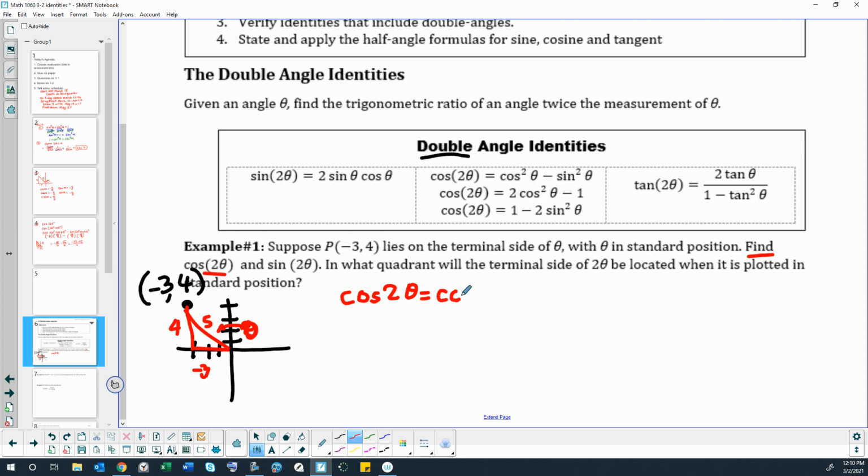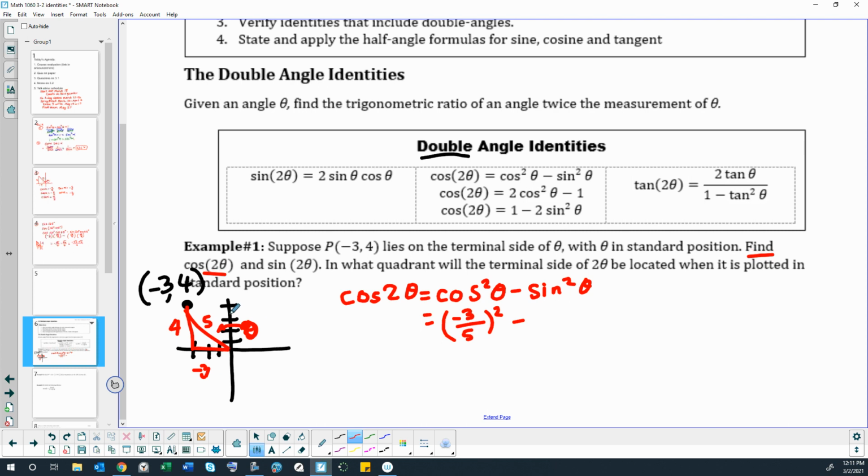So if we just use the first one, I don't think it would hurt. Let's plug in whatever this cosine value would be for this triangle here. So cosine of theta is going to be adjacent over hypotenuse, so -3/5, but then it's squared. So that would make it positive regardless.